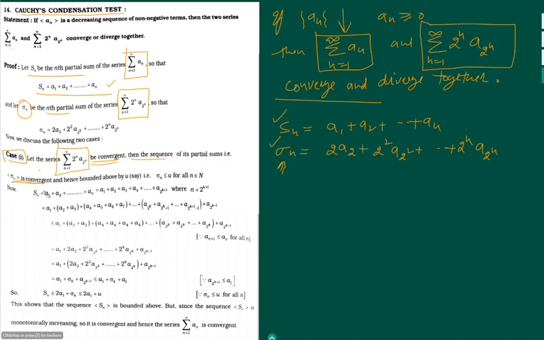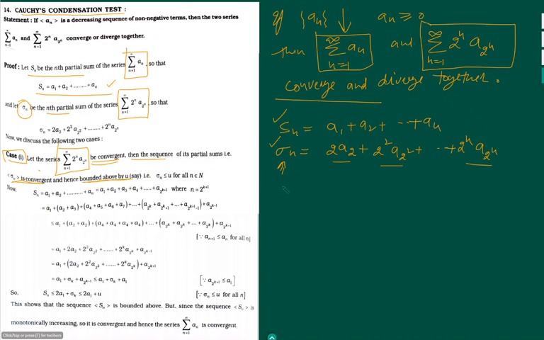And since sigma n is a monotonically increasing sequence because it is a sum of positive terms, it must be bounded above. Since sigma n is convergent, it must be bounded above.